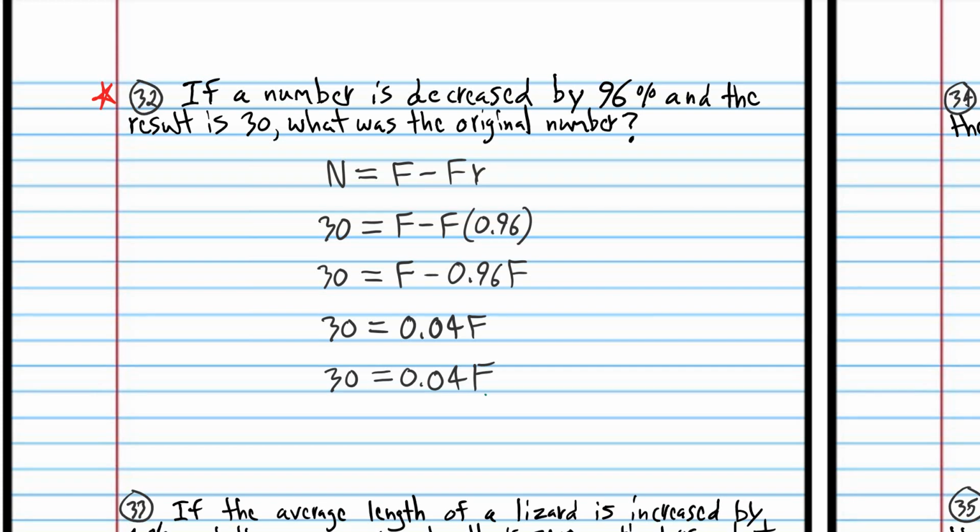But now we're performing an operation on both sides of the equation. All right, so 30 divided by 0.04 is equal to 750. So that is the answer.